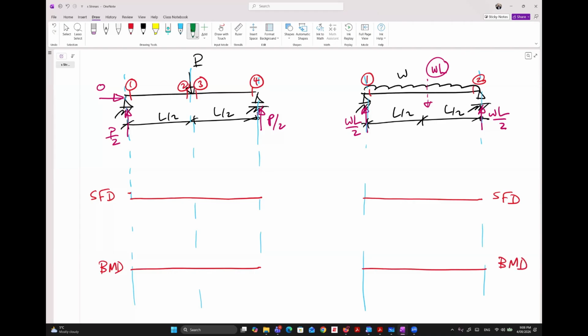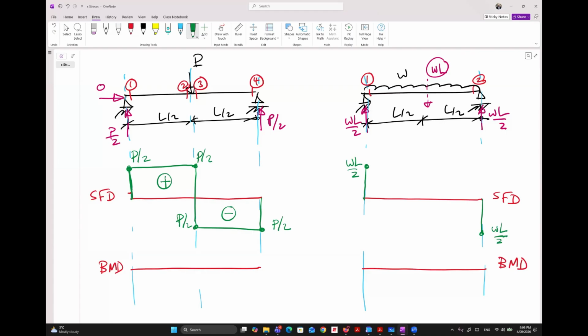So we found that the shear here will be the reaction, which is WL over 2, and go straight, WL over 2, go down, WL over 2 and WL over 2 and 0. So we have positive and negative. Here the shear is going up to WL over 2, and we connect it with a straight line, so positive and negative.